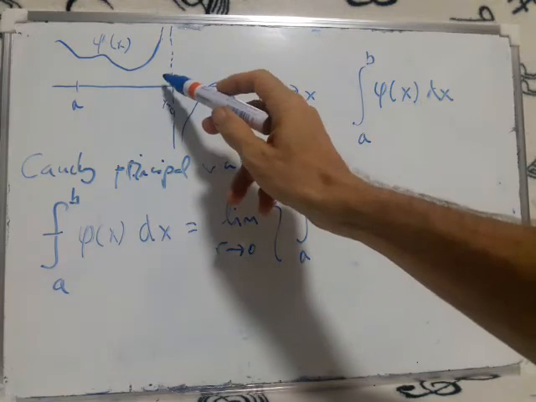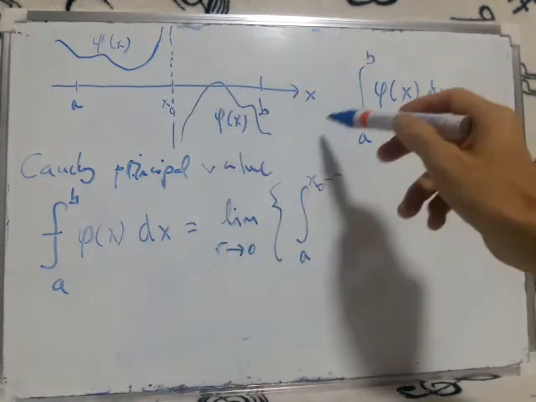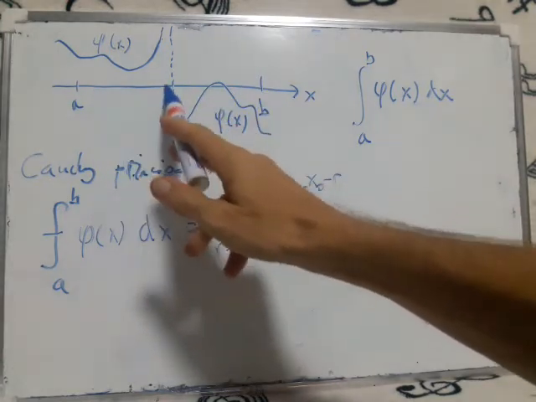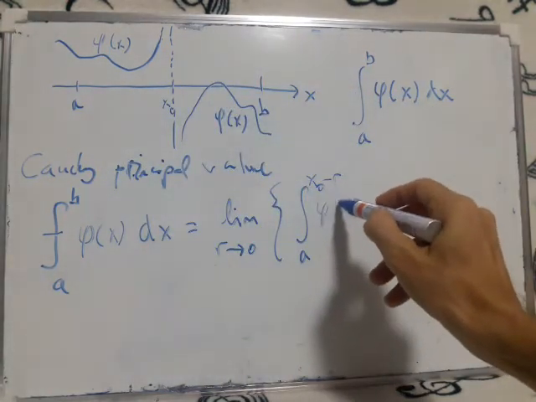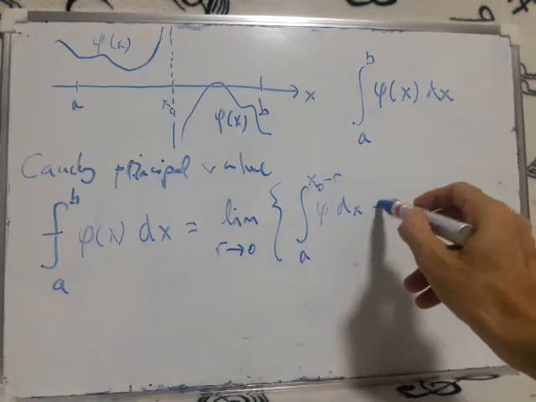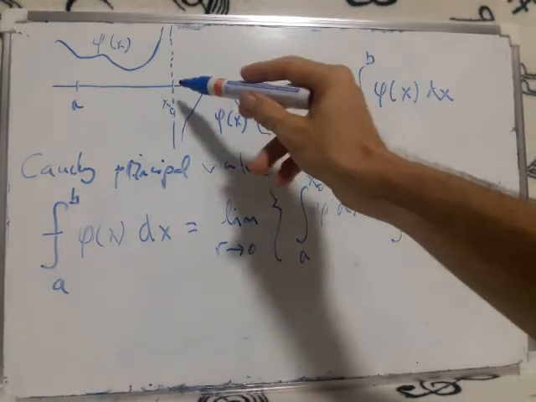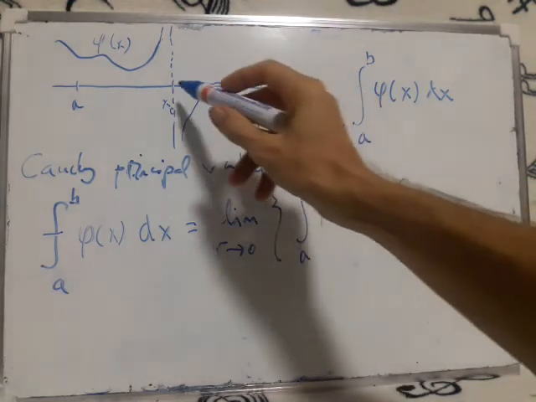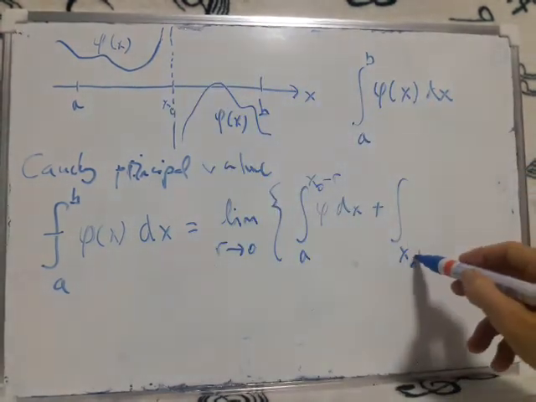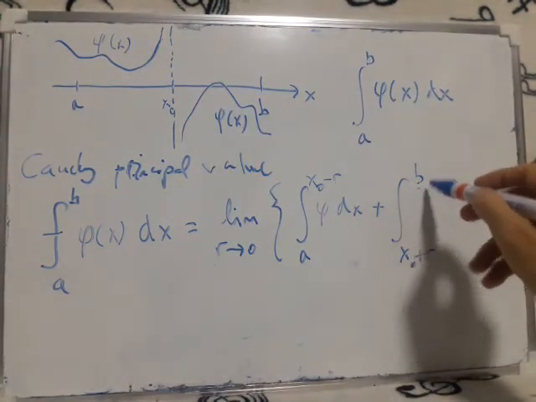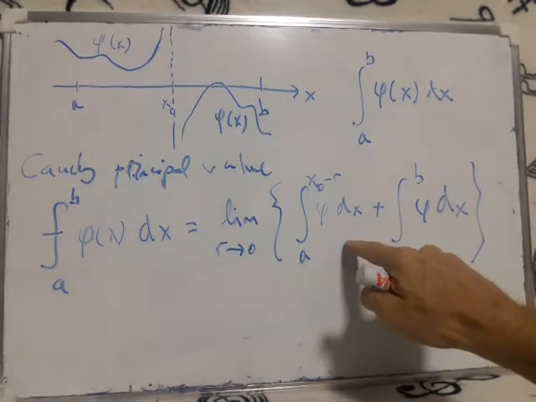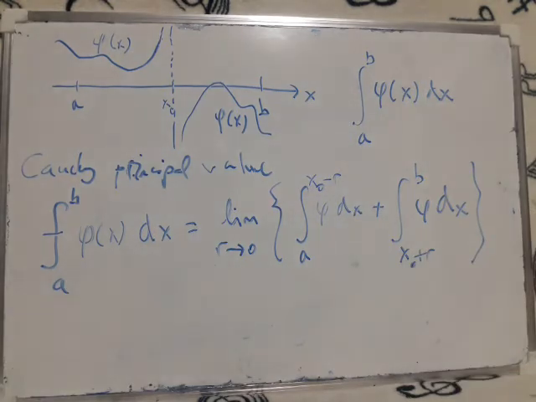That integral is definitely going to be okay, because we're assuming there's no other singularities between a and x0. And then we do the same on the other side. So then we've got x0 plus r up to b.